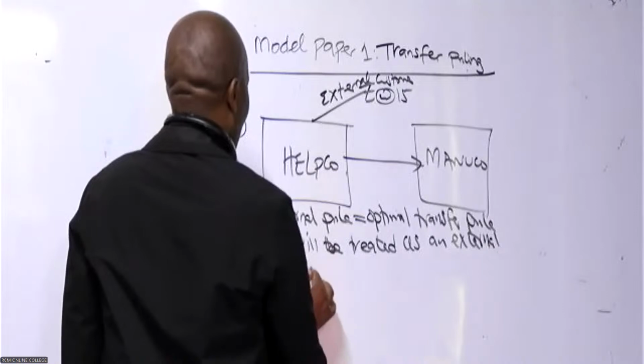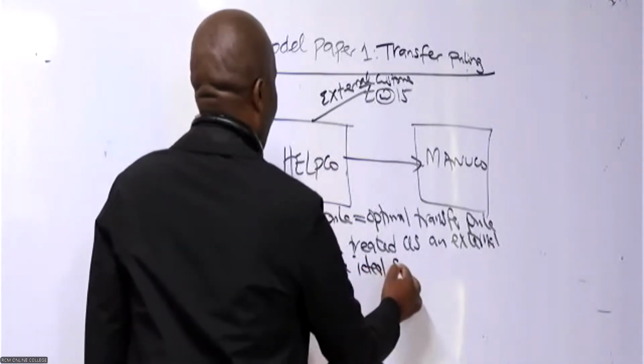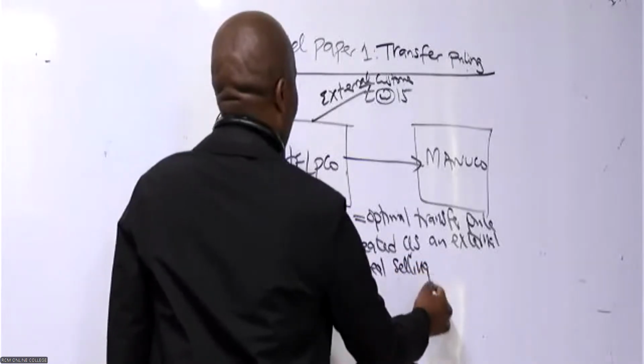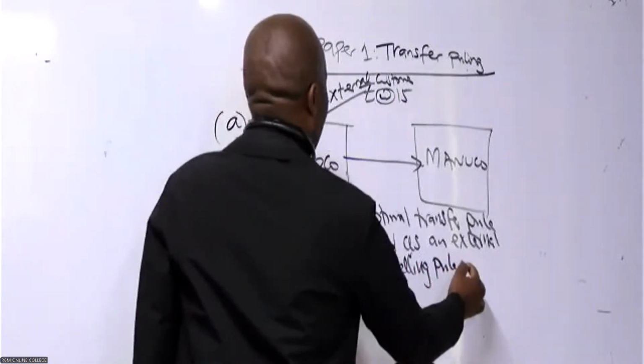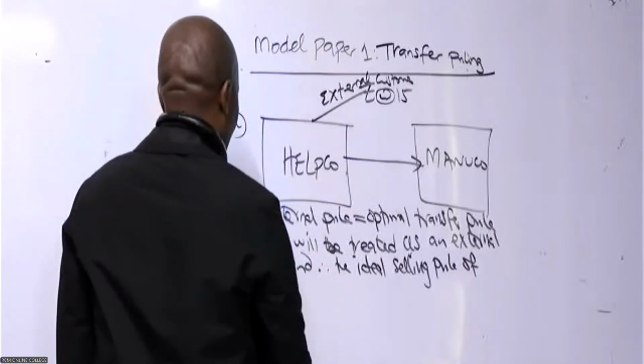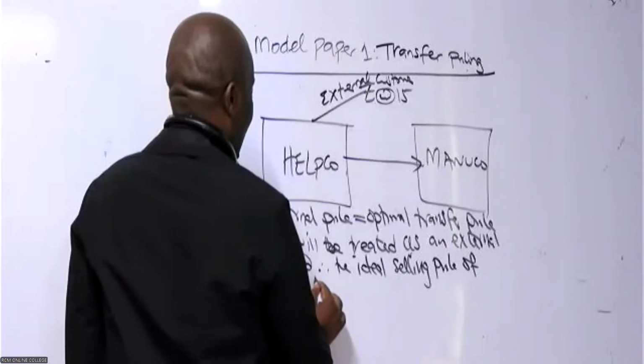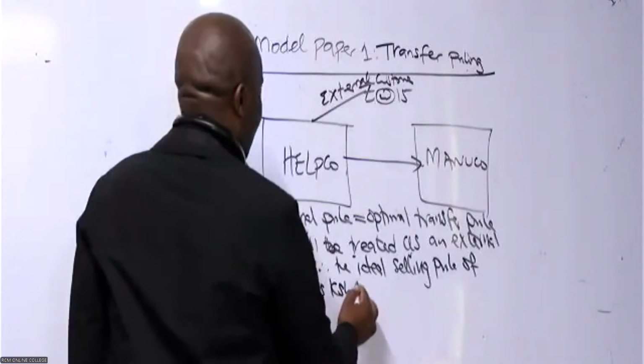and therefore the ideal selling price of ingredient Z is Kenya shillings 15.